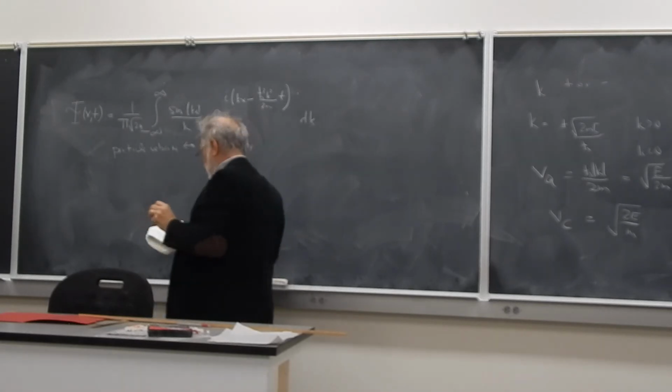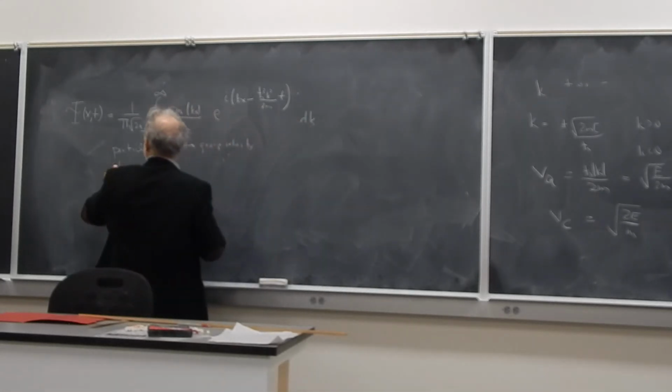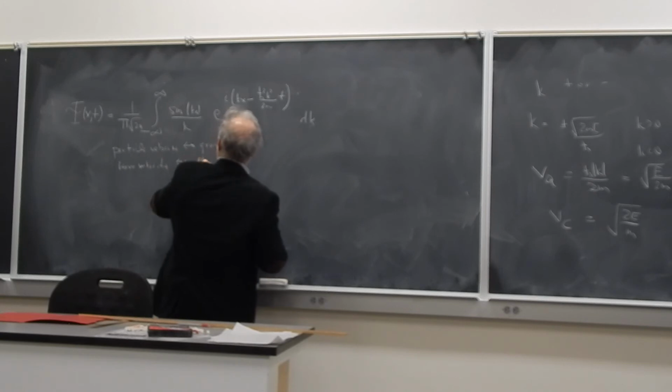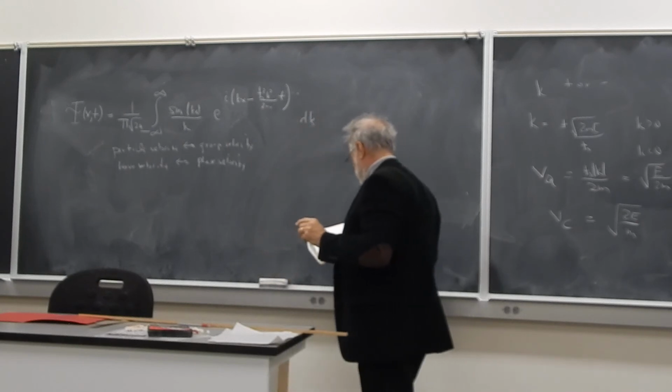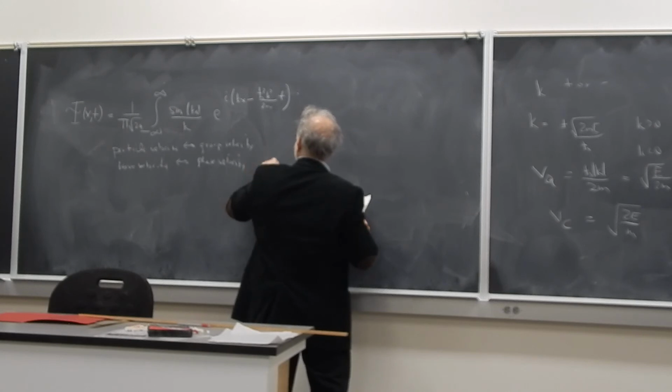But the velocity of the wave, like any point on the wave, is what we call the phase velocity. As it turns out, the phase velocity is often expressed as omega over k.